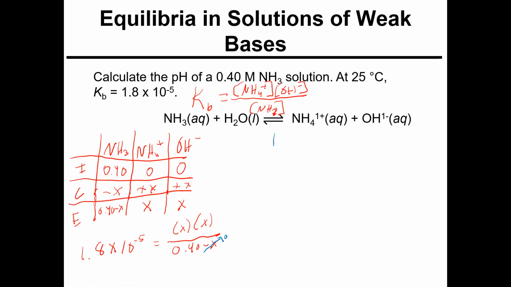So that gives us 1.8 times 10 to the negative fifth is equal to x times x, which is x squared, over 0.40.